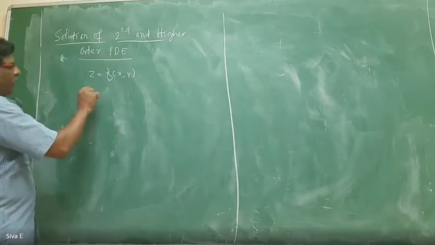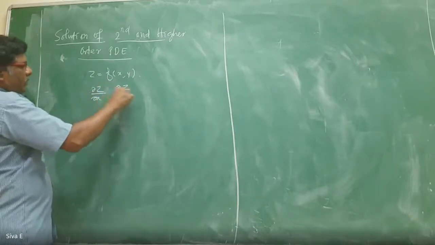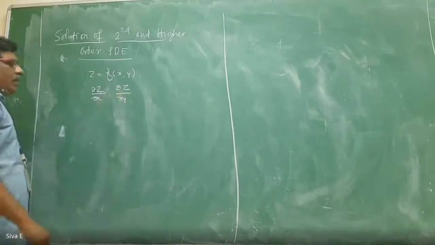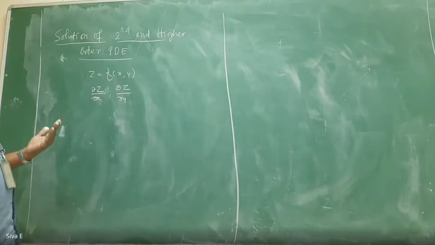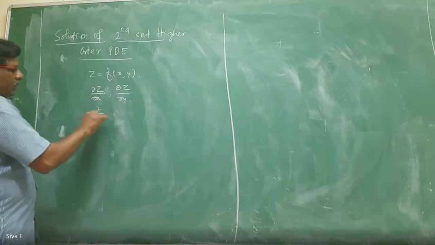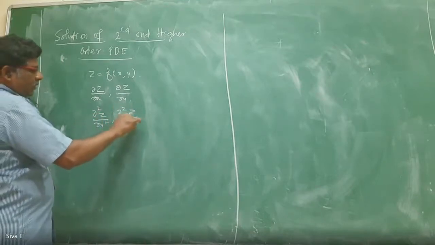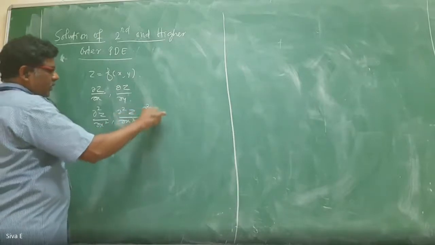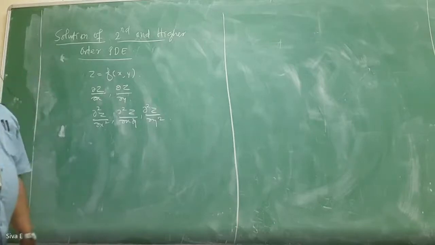Then dou z by dou x, dou z by dou y are the first order partial derivatives. Similarly, second order is dou square z by dou x square, dou square z by dou x dou y, dou square z by dou y square are the second order PDEs.